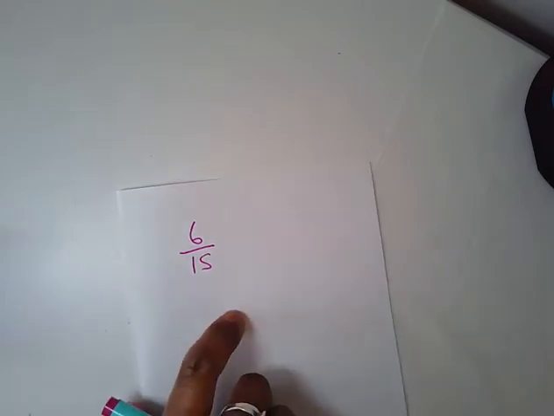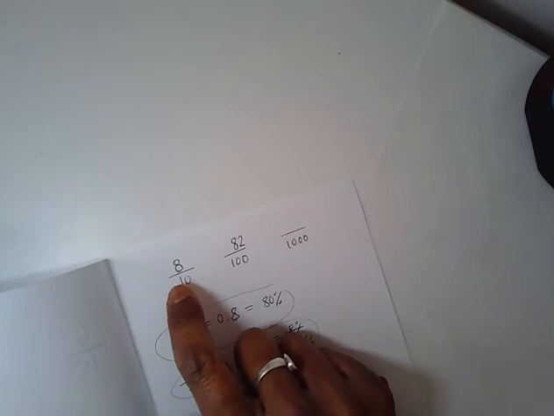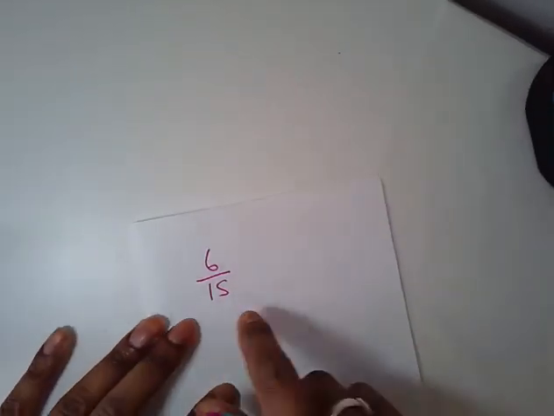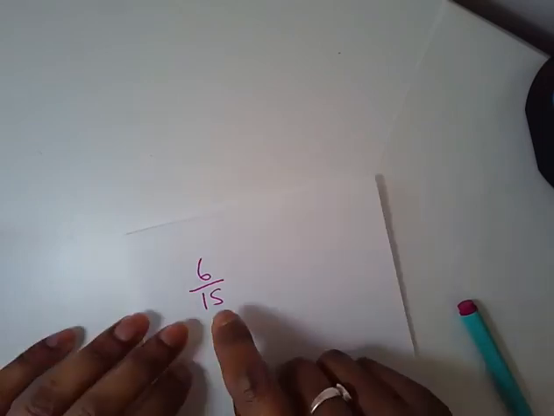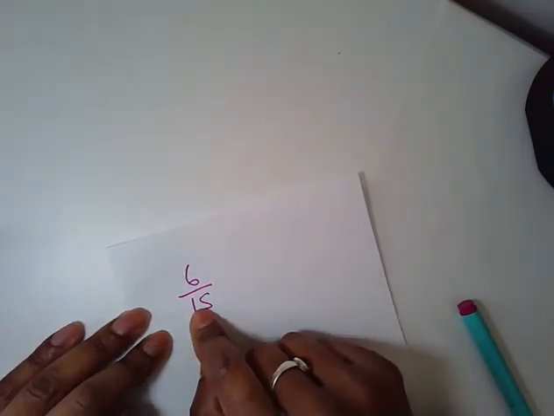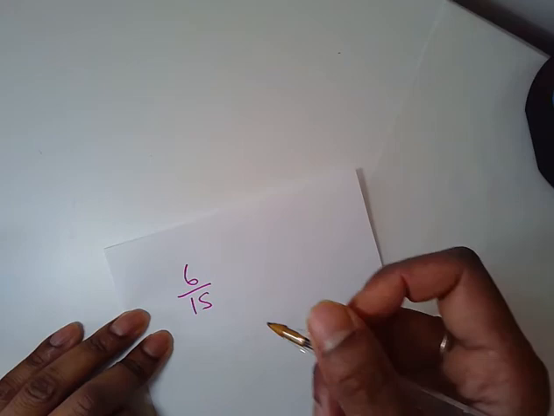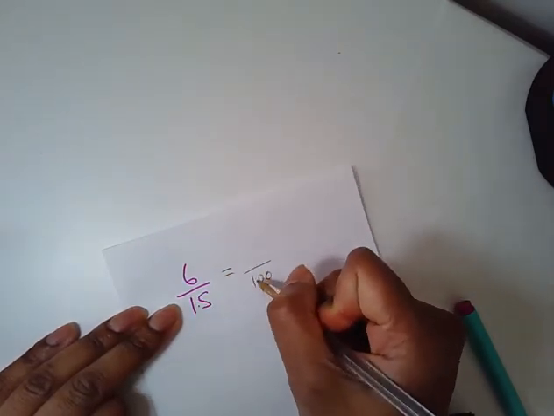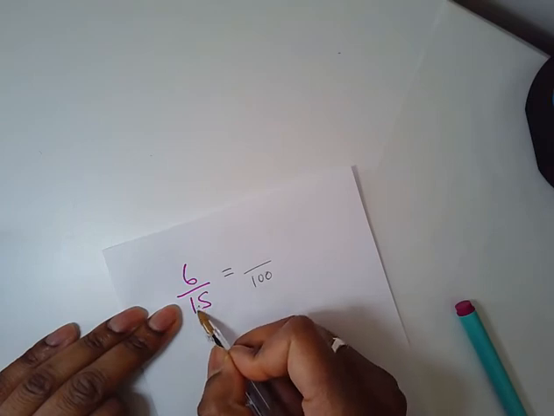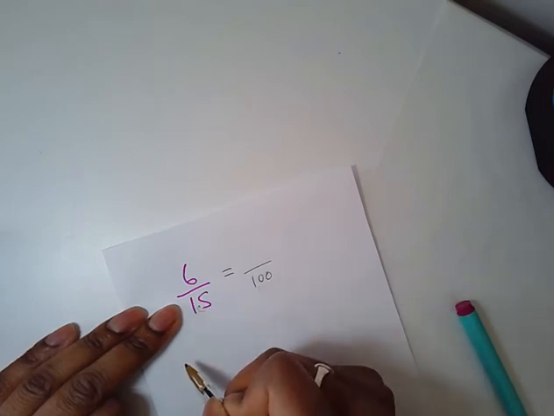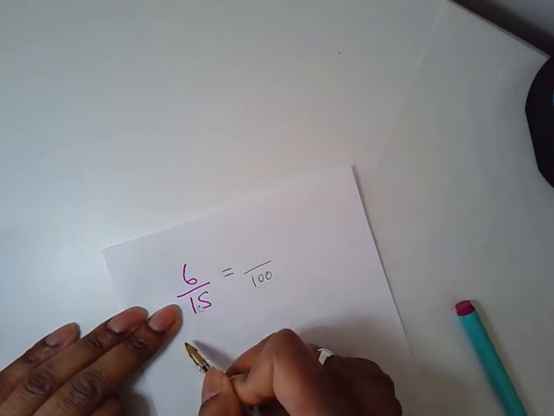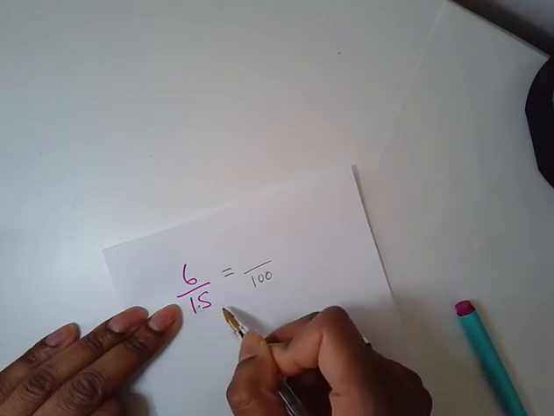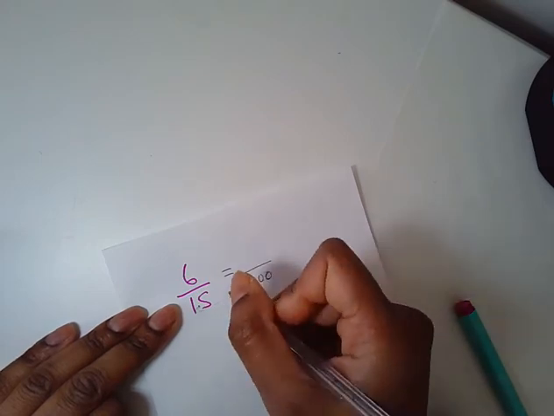Now remember, I told you just a while ago, denominator, prefer it if it was a 10 or 100, but it's not. And you start thinking, well, you might even be tempted to do this. What can I do to the 15 to make it into 100? What do I times the 15 by to make it into 100? Well, that's difficult. You're going to have a decimal number. I'd rather not do that.